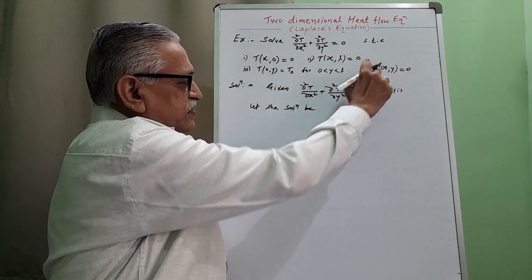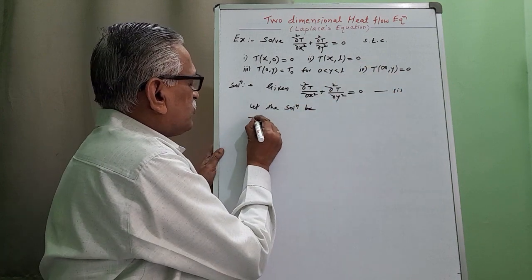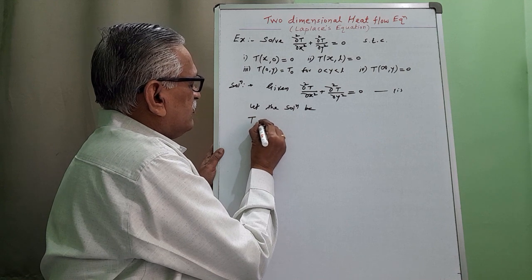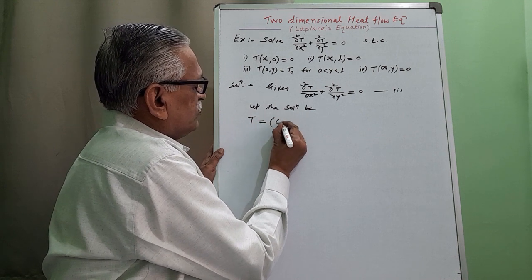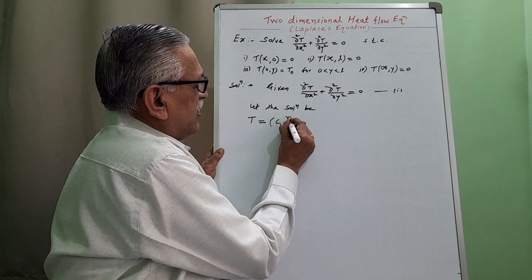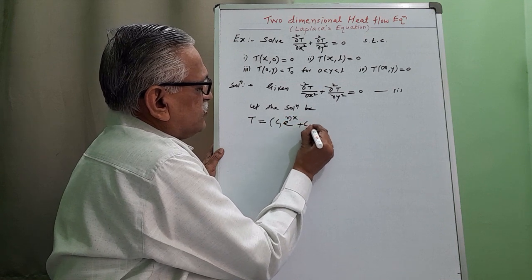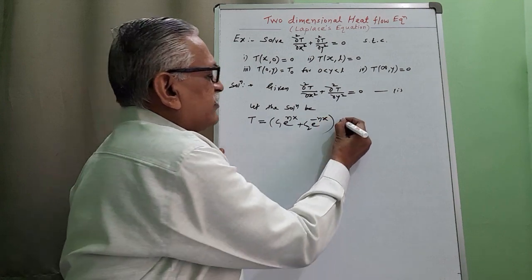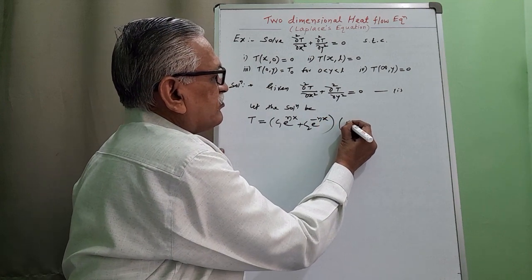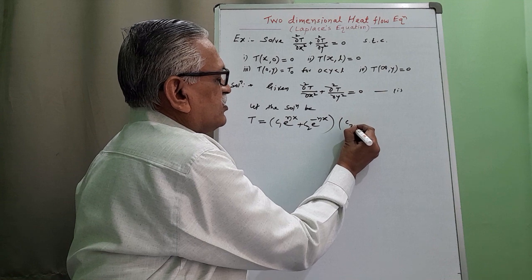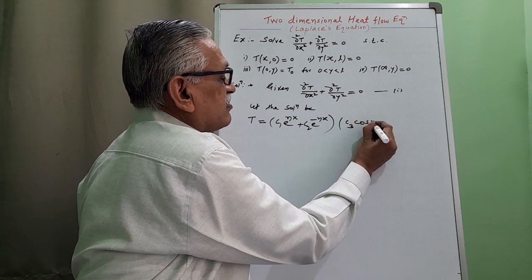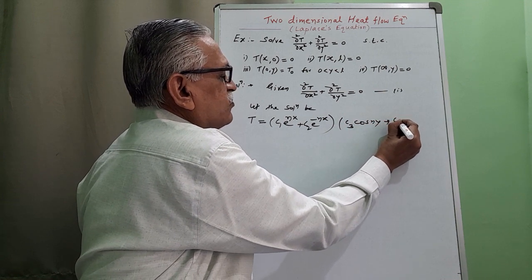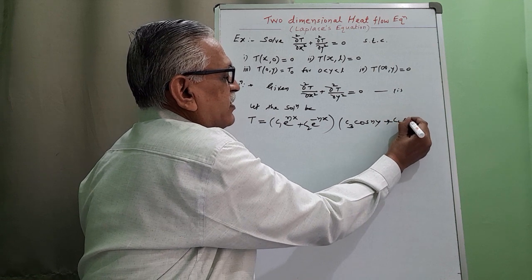To satisfy these conditions, we consider the possible solution as T = (c1 e^(nx) + c2 e^(-nx)) multiplied by (c3 cos(ny) + c4 sin(ny)).